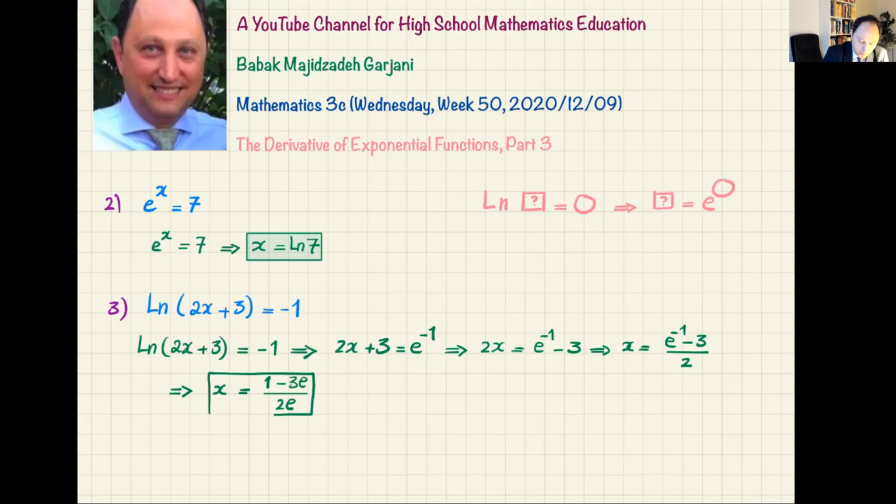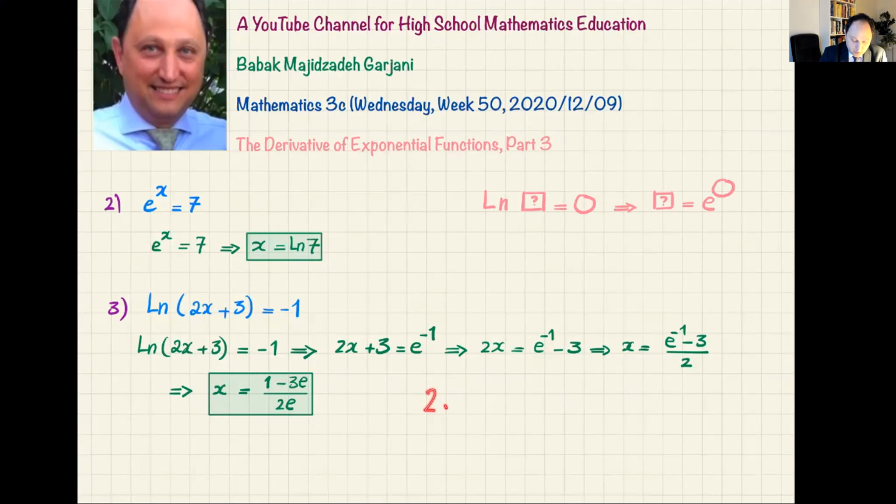But of course, before accepting this answer, you need to be careful that this is possible. It means that you need to check this number here to see if it is going to be negative or positive. It is not that hard to check. So let me just do it.